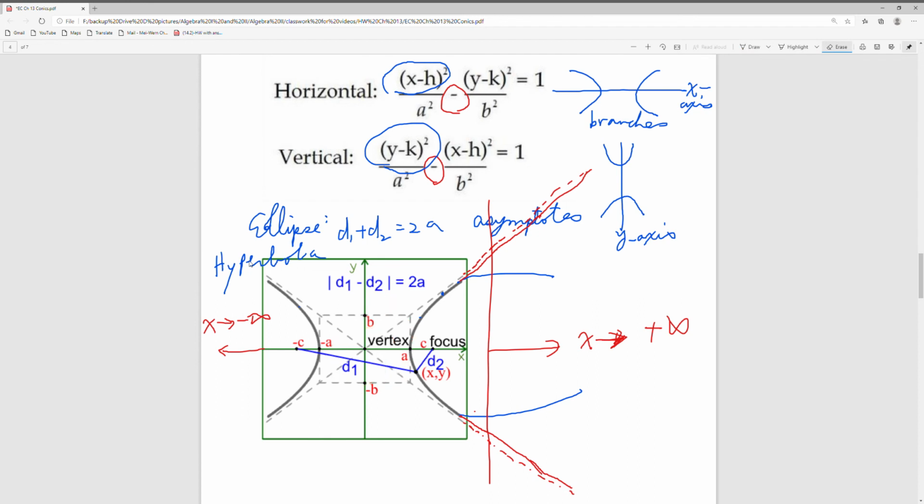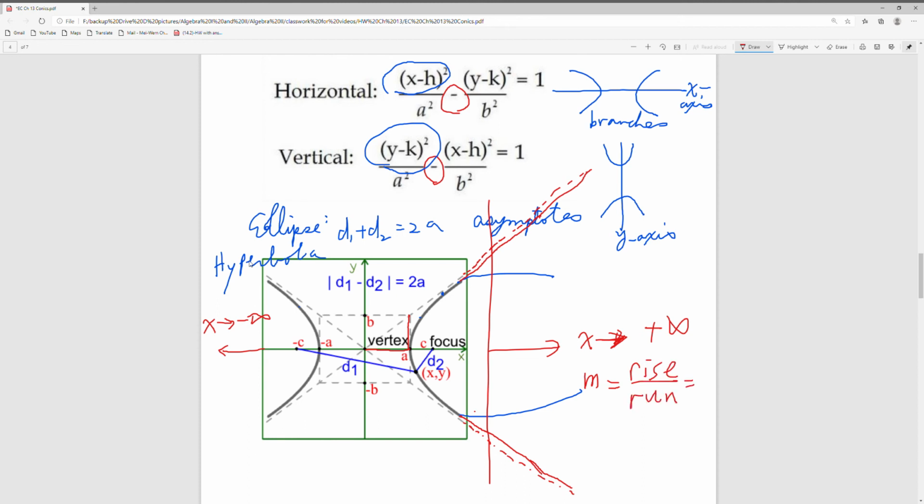Okay. Now, how do we find the asymptote? Very easy. Do you see A and B? You have A and B. If you remember, slope is rise over run.